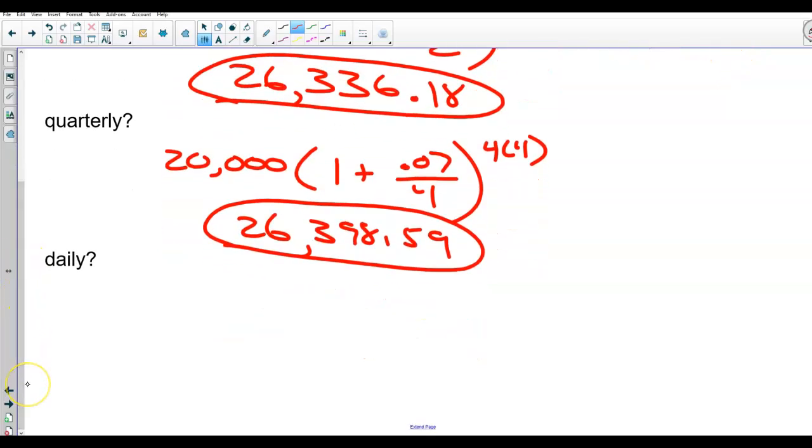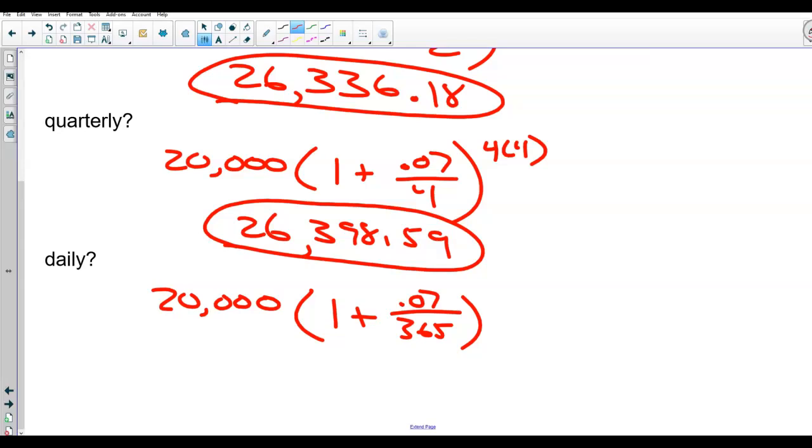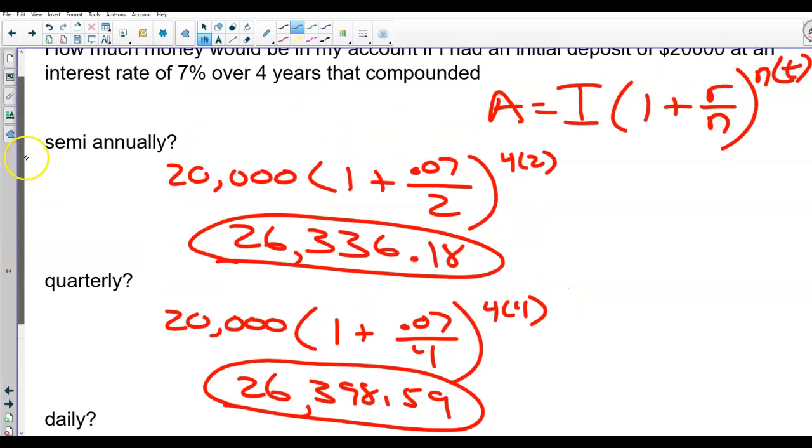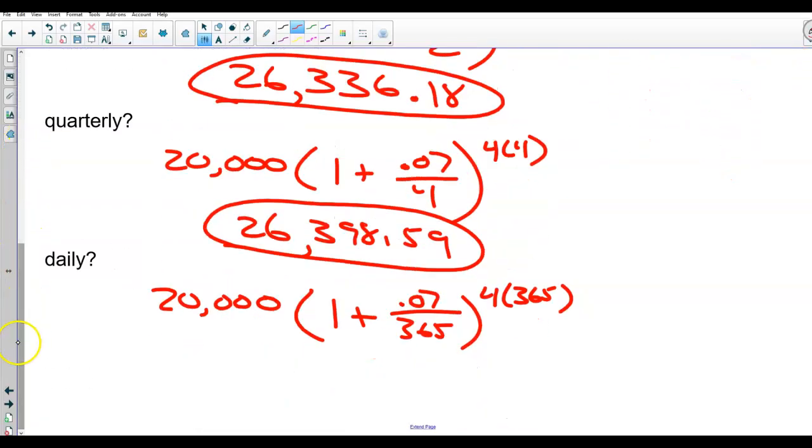When you compound daily, we should know there's 365 days in a year. 1 plus 0.07 divided by 365. That's going to be a pretty low number. 4 times 365. We're still doing it over 4 years.